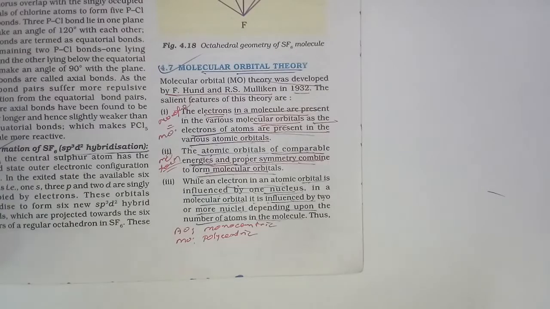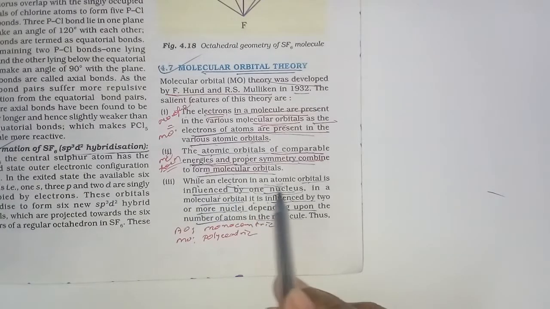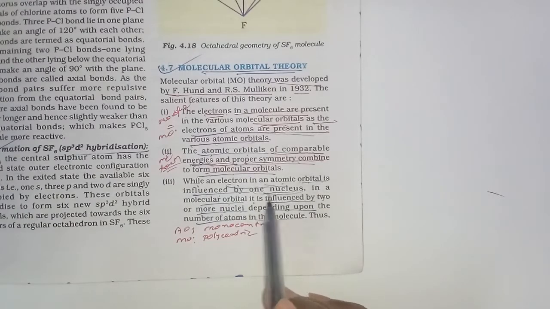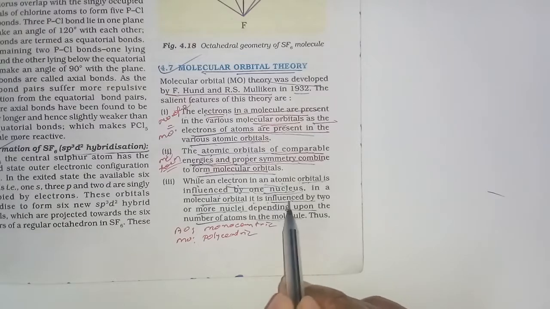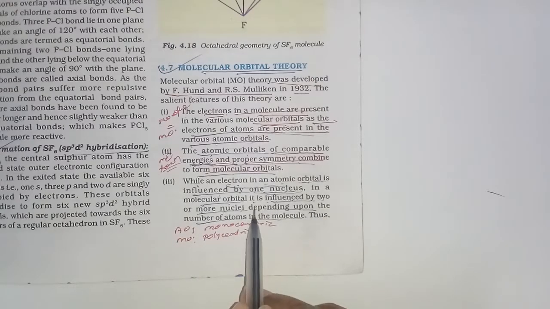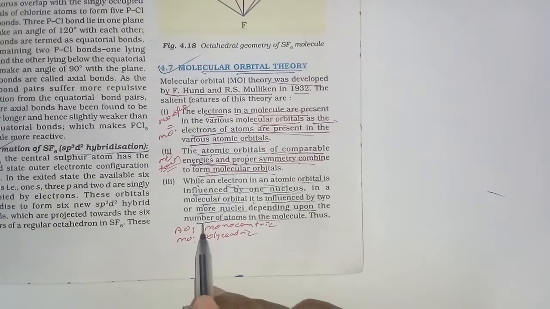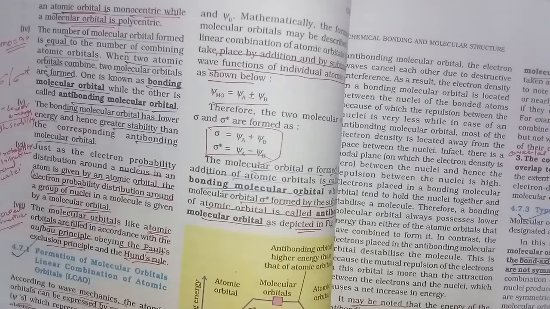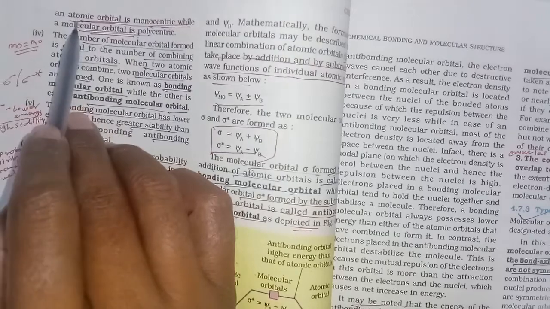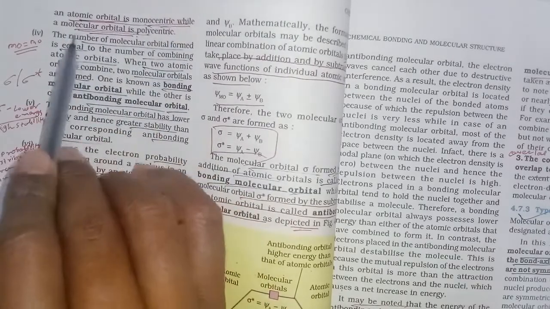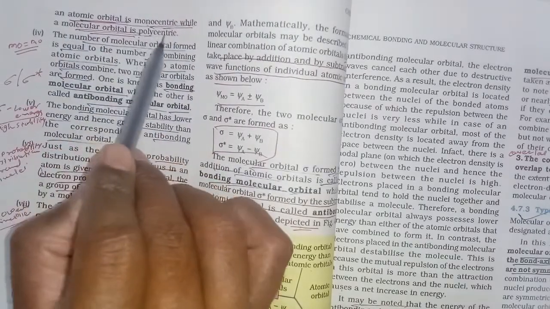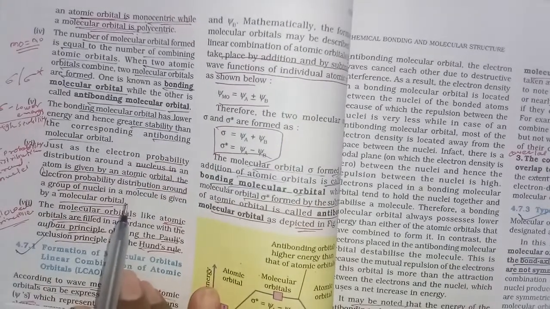While an electron in an atomic orbital is influenced by one nucleus, in a molecular orbital it is influenced by two or more nuclei, depending upon the number of atoms in the molecule. An atomic orbital is monocentric while a molecular orbital is polycentric.